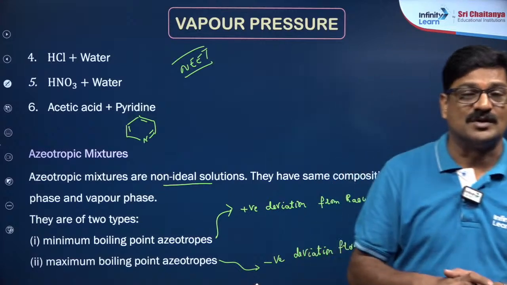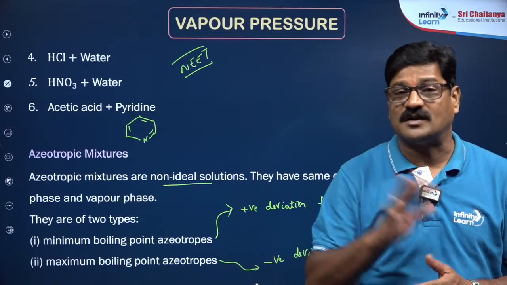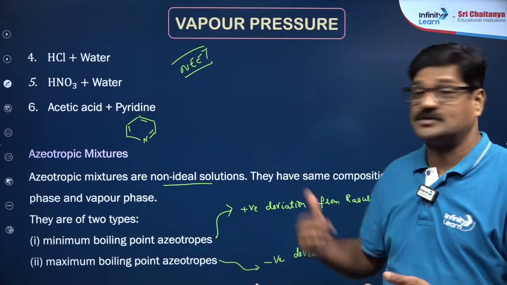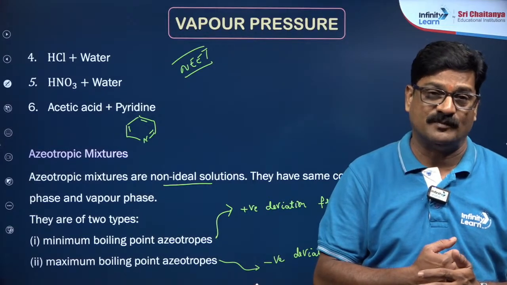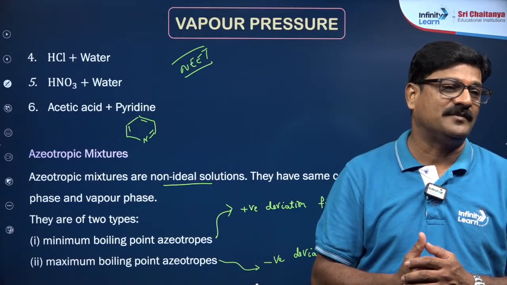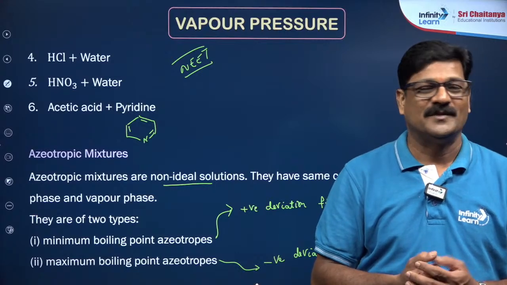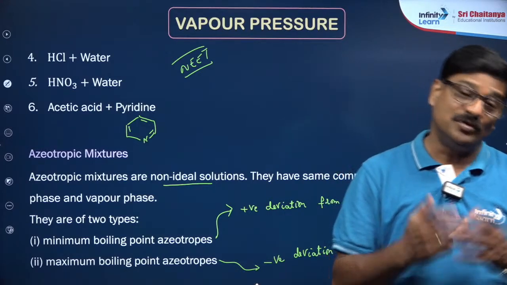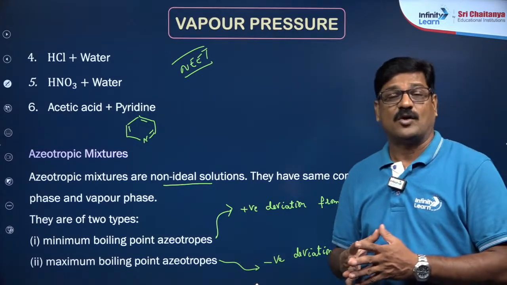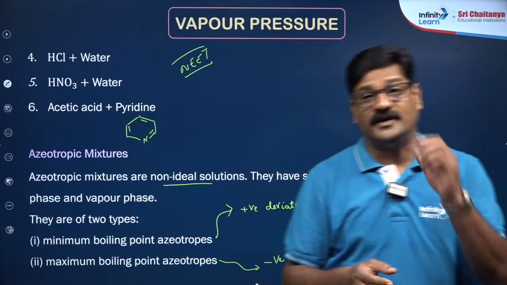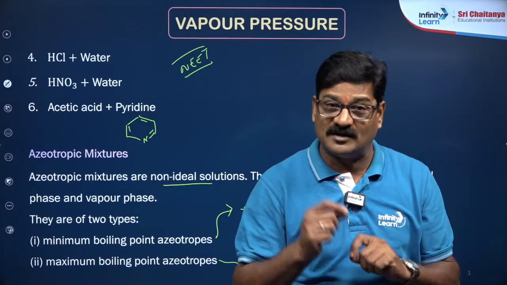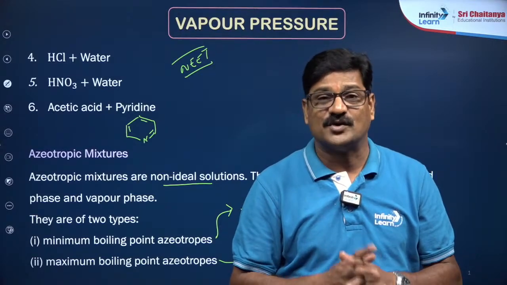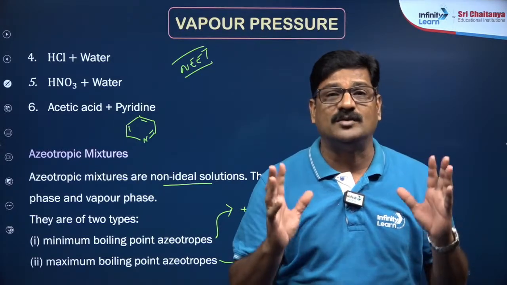Tomorrow, Saturday, we will be concluding solutions with colligative properties. We will also do some numericals. Get ready with your doubts, my dear students. The entire topic of colligative properties is connected to the Van 't Hoff factor, so we will discuss more into that.